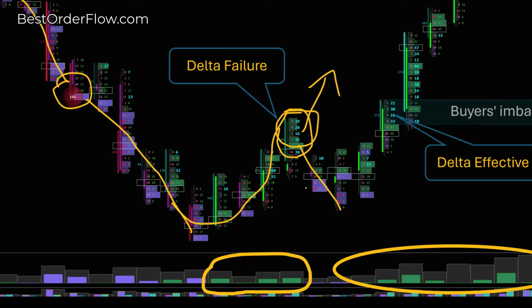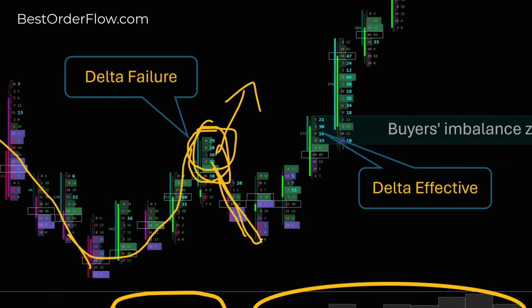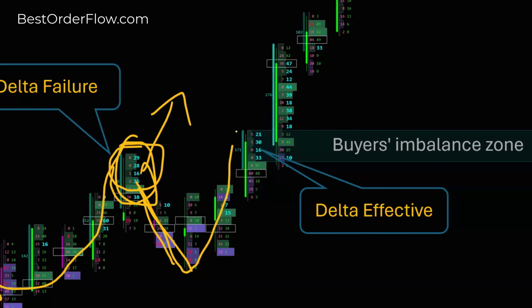Usually, I know from my trading system that I wait for the second or third attempt in delta, not the very first. Now, sometimes it can be, but not always. So I usually wait: that was the first attempt, and now it has failed. We went down, and then boom, we build another delta over here, positive, right? And we even make a buyer's imbalance zone.